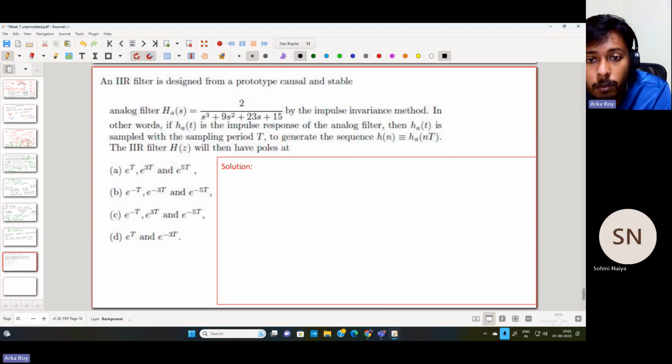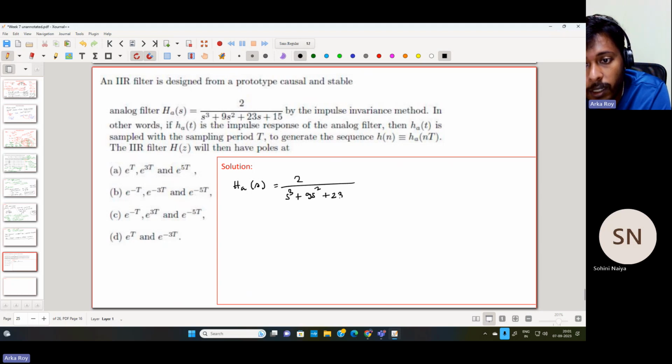Now the last question for this week: H(s) is 2 divided by s cube plus 9s square plus 23s plus 15.